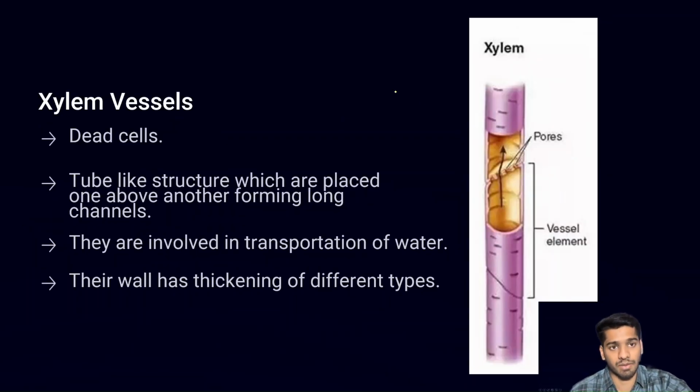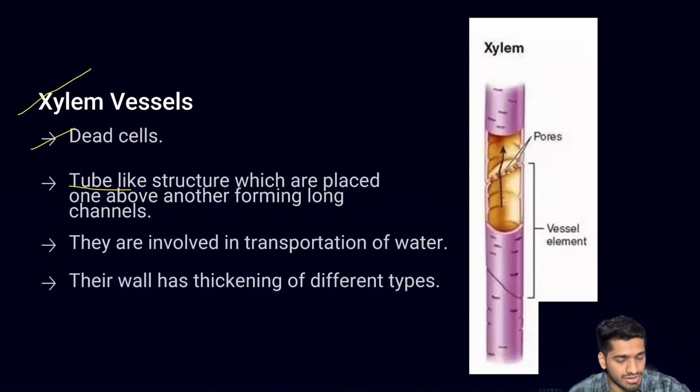After that, your second type of cell which is going to make the xylem is your xylem vessels. If you look closely from the diagram only, you can understand these are cylindrical cells. These are very short and cylindrical cells, as well as dead cells. So your xylem tracheids as well as xylem vessels, both of these cells are dead at maturity. And the tracheids were elongated, but these are tube-like structures. These are cylindrical in structure, and these are placed one above another cell.